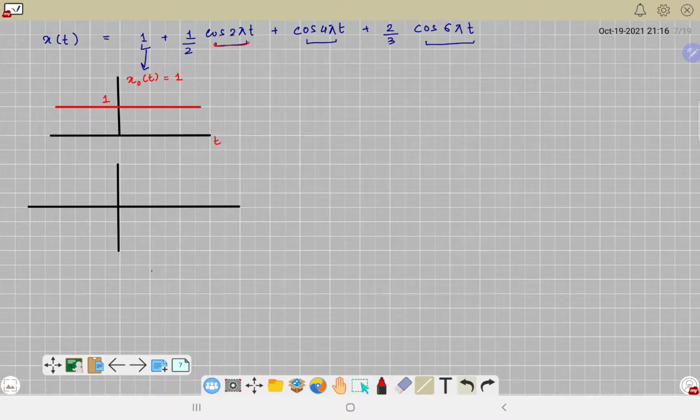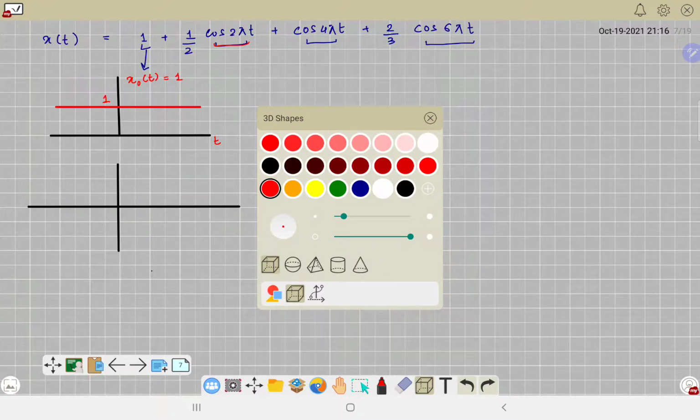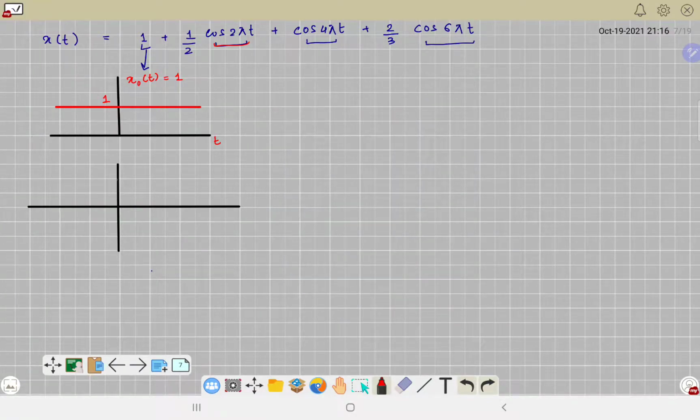Its value will be 1 by 2, so it will start from, I have to slightly make it larger. It has to be curved, can't use a straight line. Anyways, I will just draw it using this. We have to draw one period, so something like this, and here.